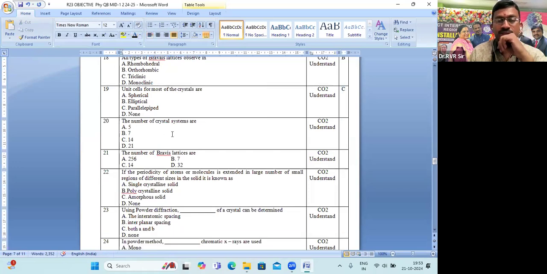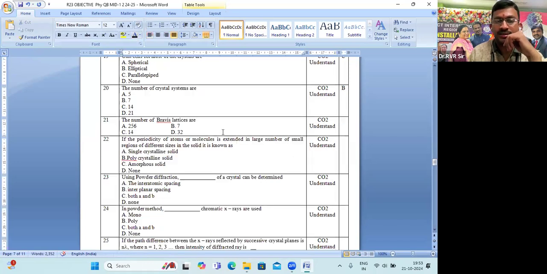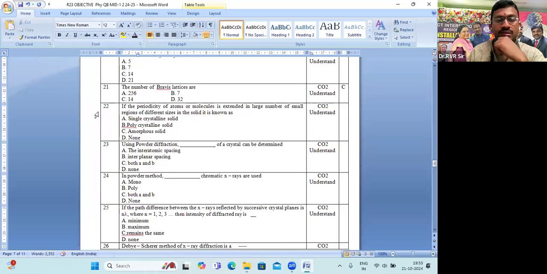The number of crystal systems are 7 crystal systems. Option B is the right answer. The number of Bravais lattices are 14. Option C will be the right answer. Just check the answer. Yes, very good.